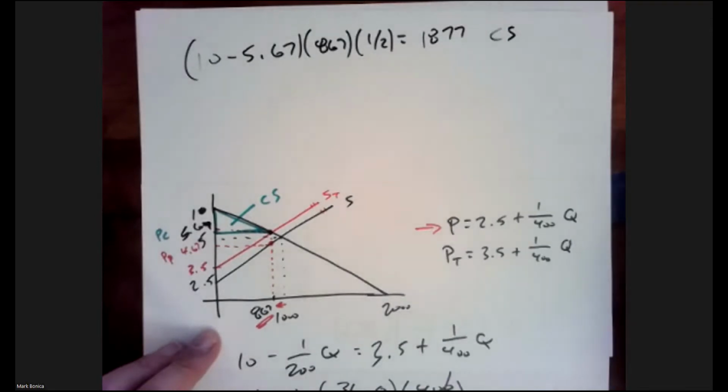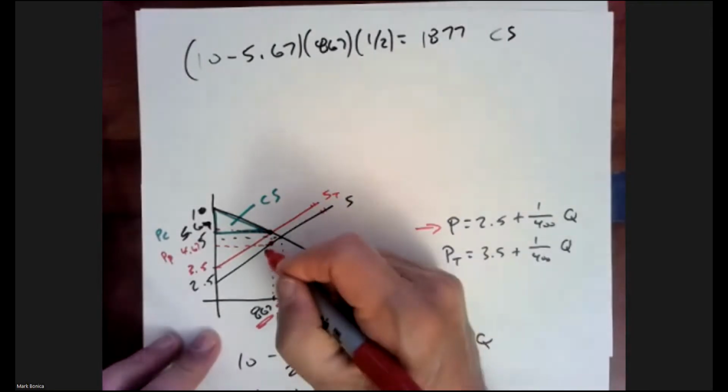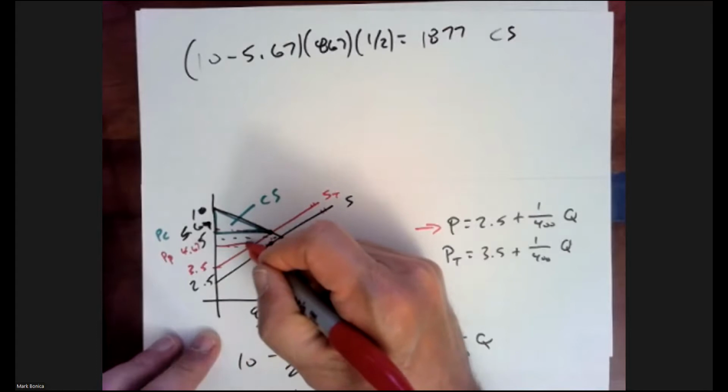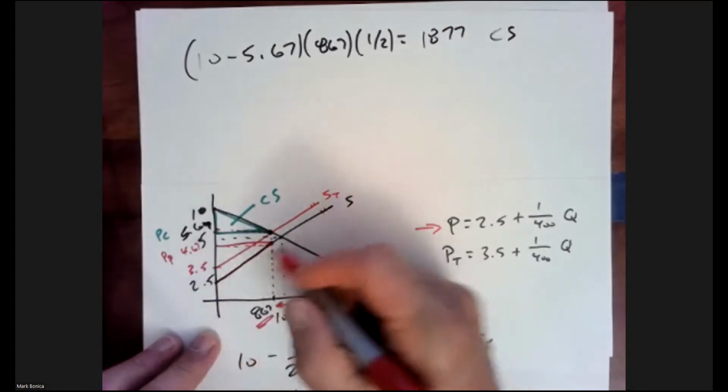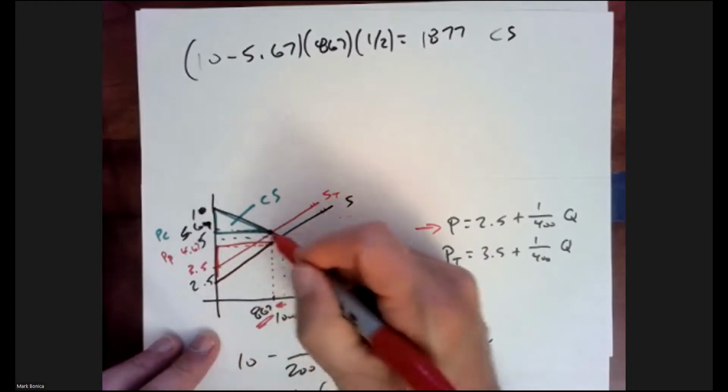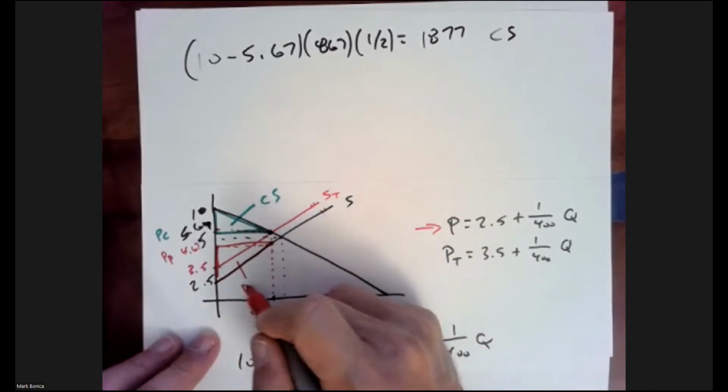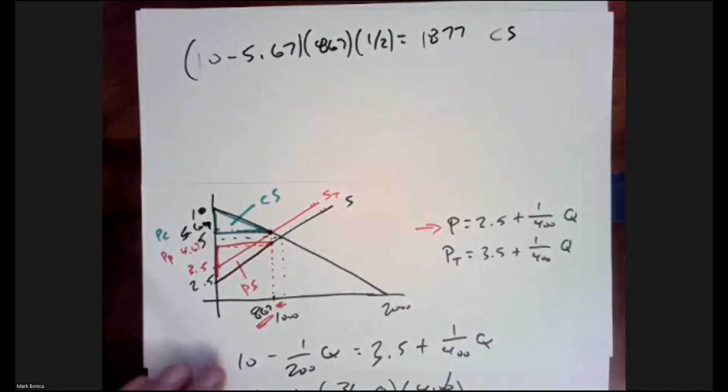The new producer surplus is the price the producer actually gets to keep, down to her supply curve. So it's this triangle. This is the producer surplus. So what's the producer surplus?